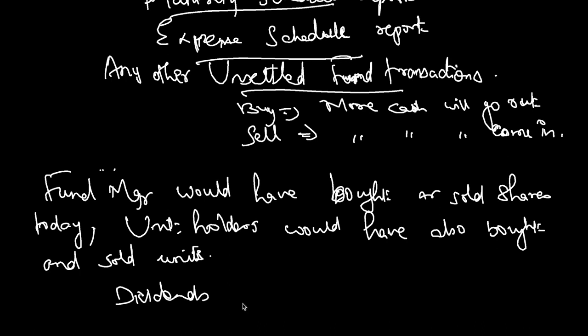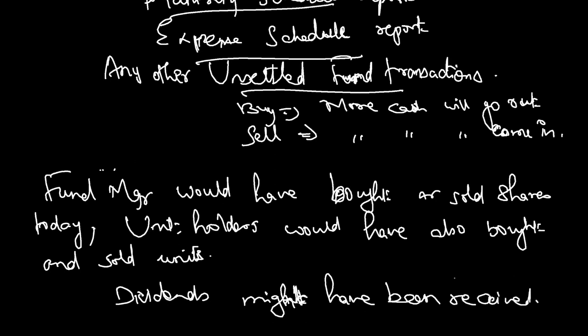A maturity amount might have been received if invested in bonds. Like this, various activities are possible which will take place in the custodian's account. As a fund accountant, we have to record all these transactions and bring necessary changes in today's accounting.